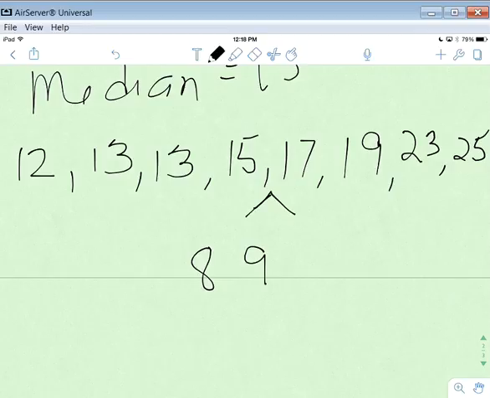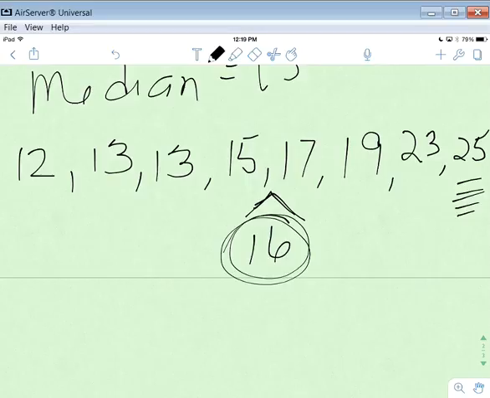So in that situation, in order to get the median, we would take 17 and 15, add them together, divide by 2, or in this case, we can see it is obviously 16. So if that were the case and we had another number over here, then our median would be 16.